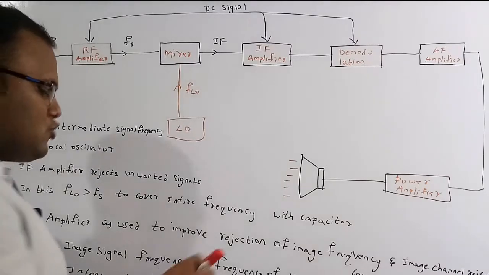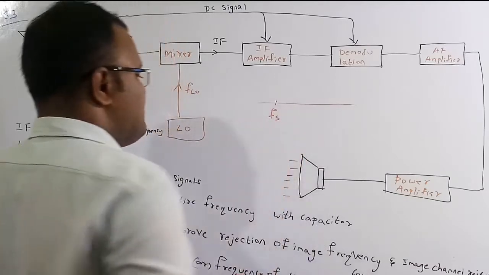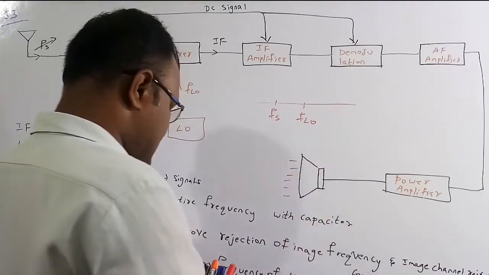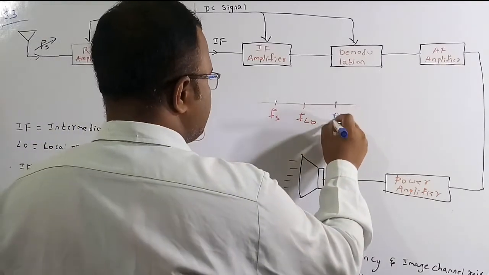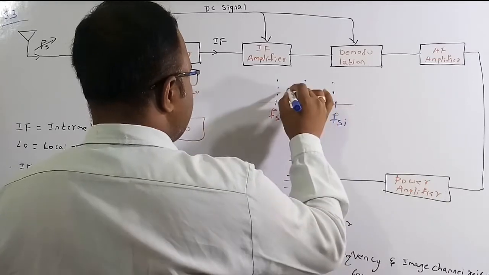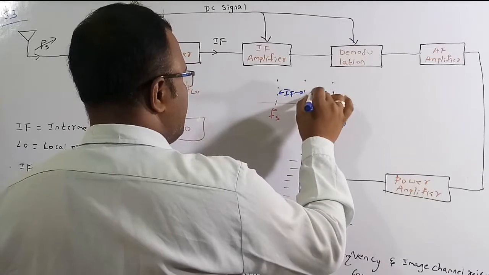The relation is: this is the incoming signal frequency, this is the local oscillator frequency, and this is the image signal frequency. The difference between these frequencies is the intermediate frequency, and it is always a constant value.